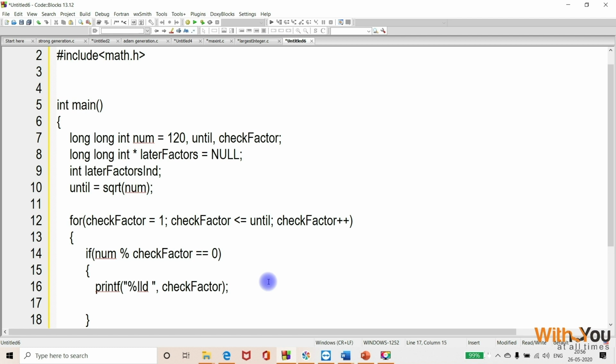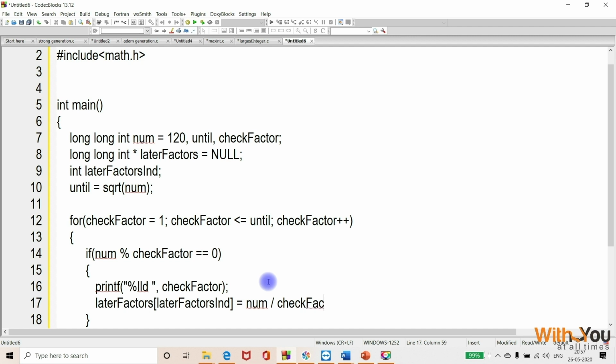Which array? So I can just say here later factors. This is the waiting area, later factors of later factors IND, should have the value of the num by check factor.